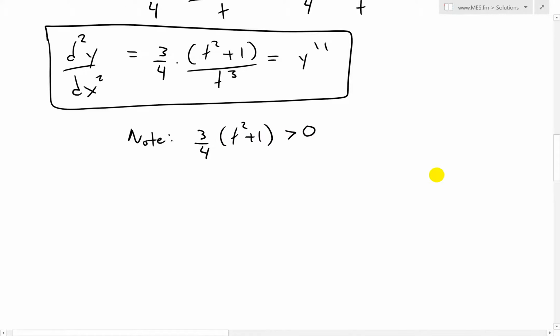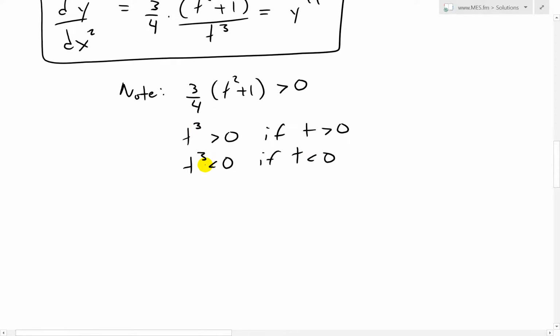And what we have noticed is that the only thing that can change signs is the t cubed. So t cubed is greater than 0 if t is greater than 0, and t cubed is less than 0 when you have a negative number, so if t is less than 0. When this is negative, the whole thing becomes negative because the other part is always positive.